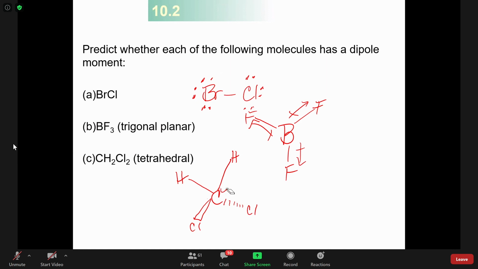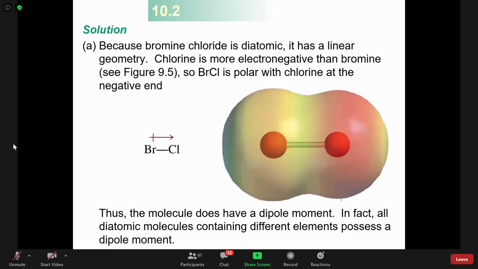Polar bonds. So what do you think? Polar or non-polar? Polar.